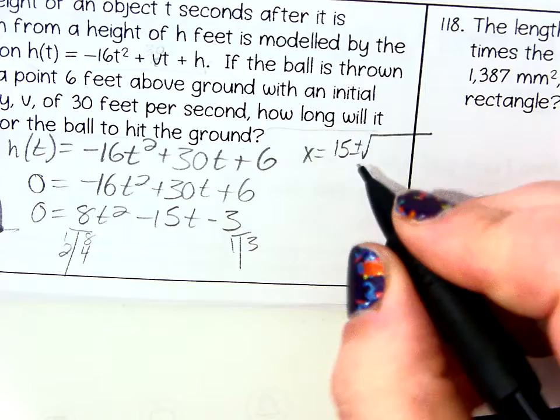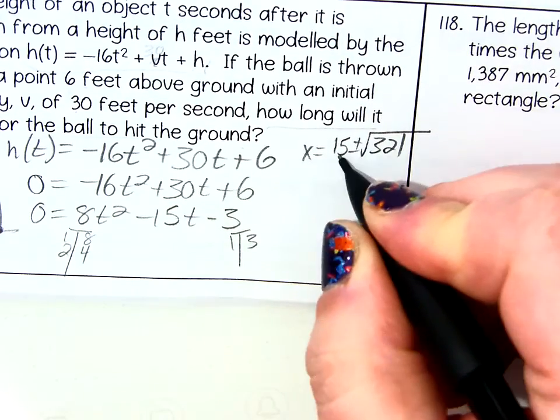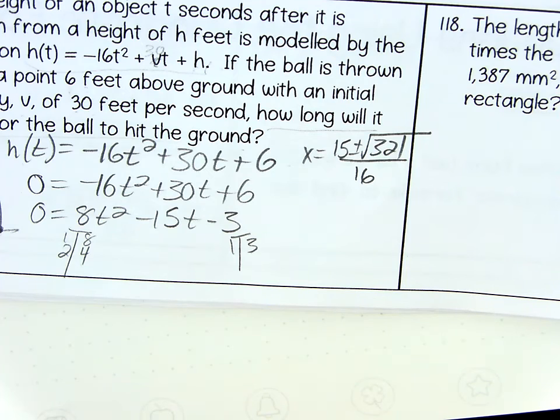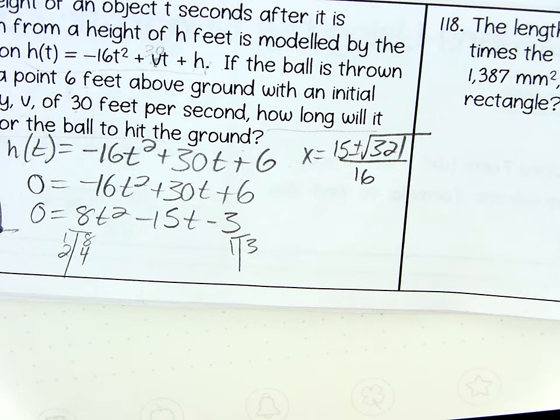I get 321 for the discriminant. So this I would want to turn into a decimal. So I'd have 15 plus the square root of 321, and I would divide that by 16.